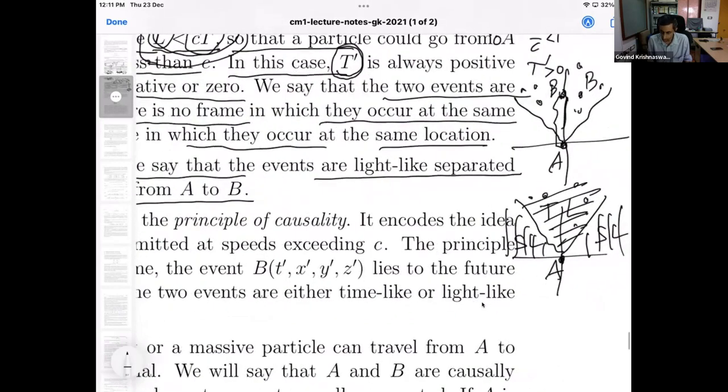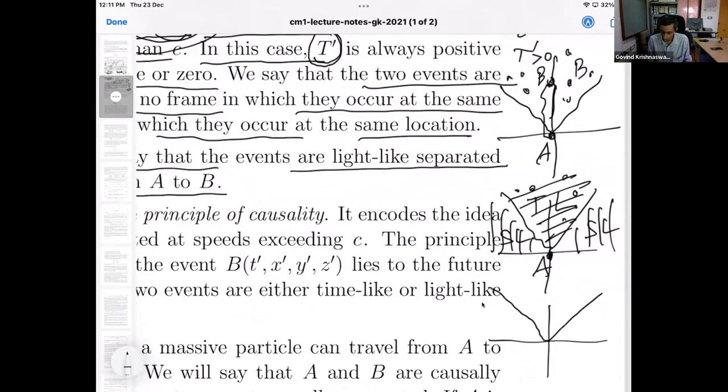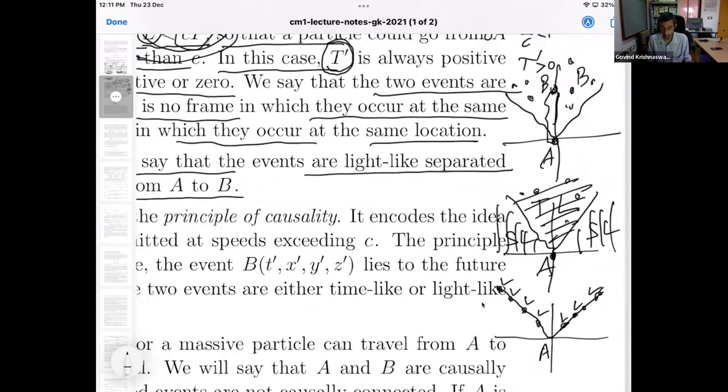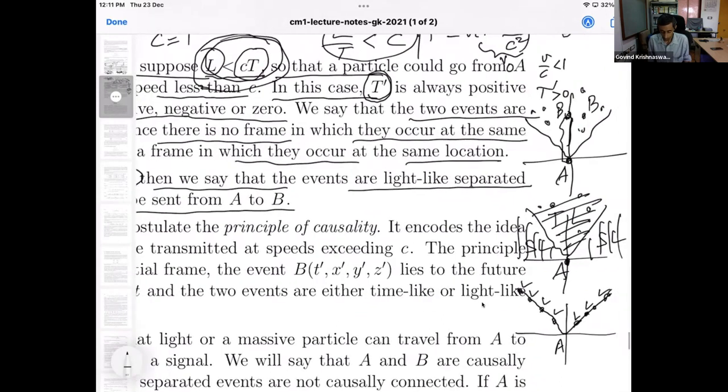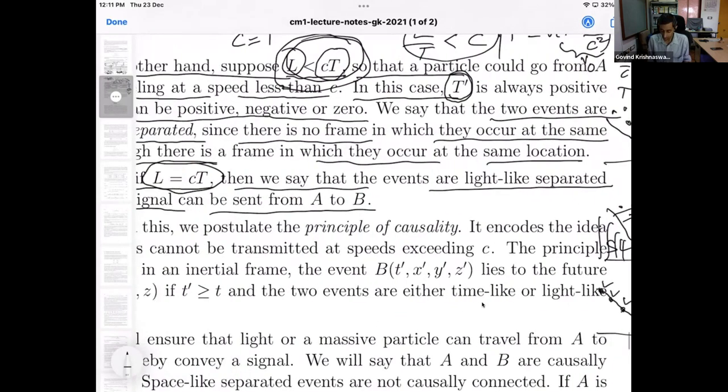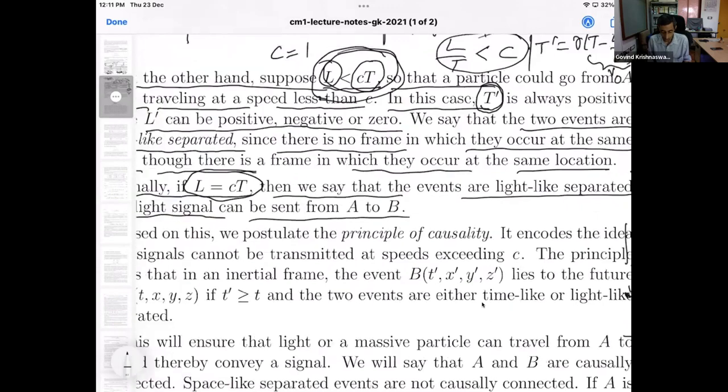Any two events along these rays are light-like separated from event A. So this L and that L and that L, those are all light-like separated events. All right. So we have classified the points, the events in this fashion. Okay. So that is nice.